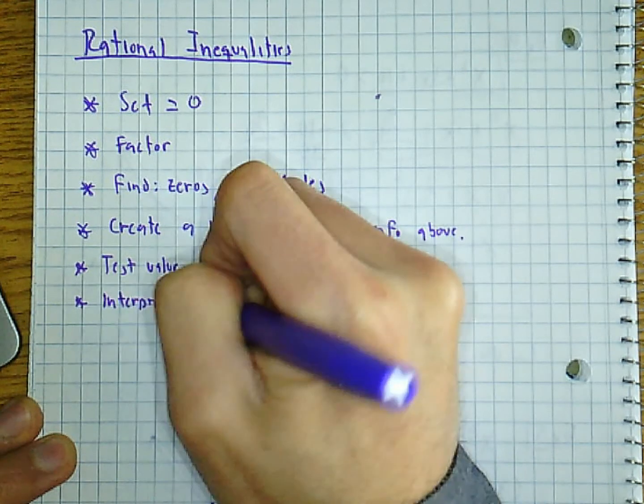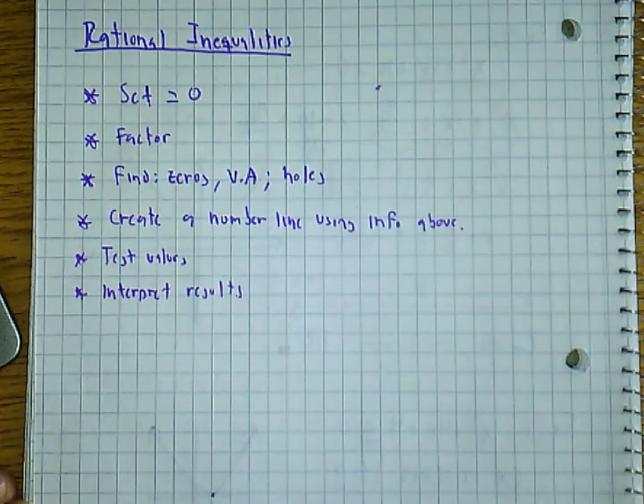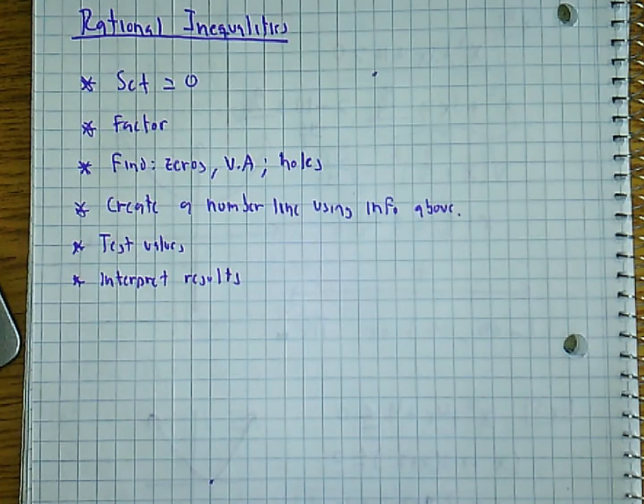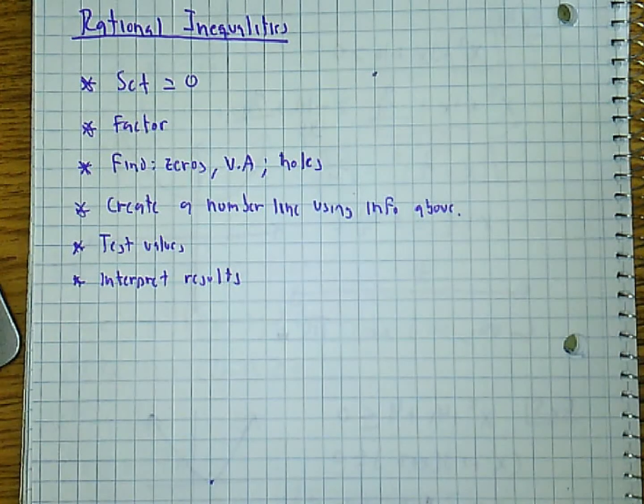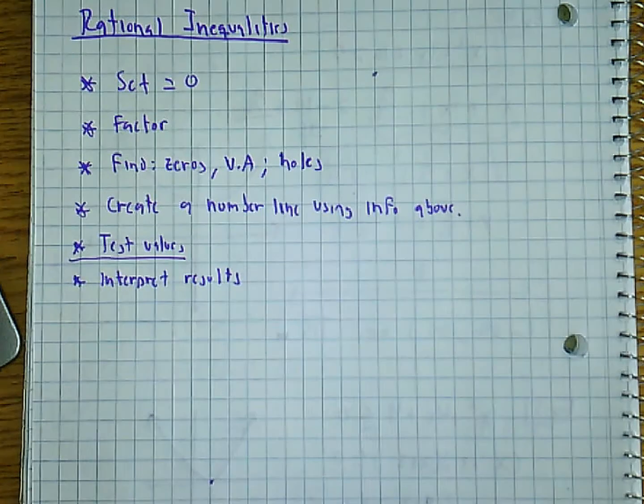Okay, so the only difference is that now for rational inequalities, you are going to have to find vertical asymptotes and holes. Other than that, the process is going to be very similar, with the exception that we're no longer going to be able to use the idea of end behavior to help us out, because we are no longer dealing with a polynomial. So this idea of testing the values is going to be different. Okay, and I'll demonstrate to you what I mean by that.